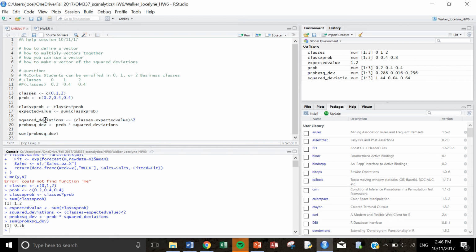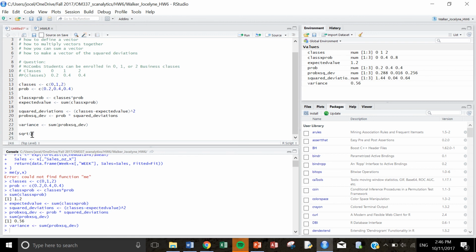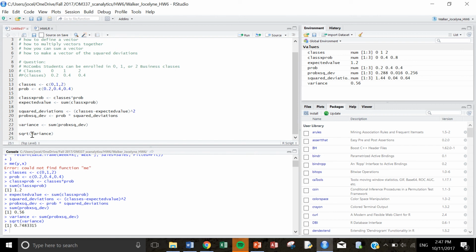So I just summed my probability-weighted squared deviations, which means I figured out the variance. And now, when I square root my variance, I get the standard deviation in the number of classes.